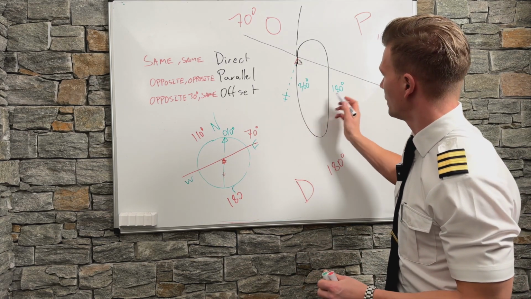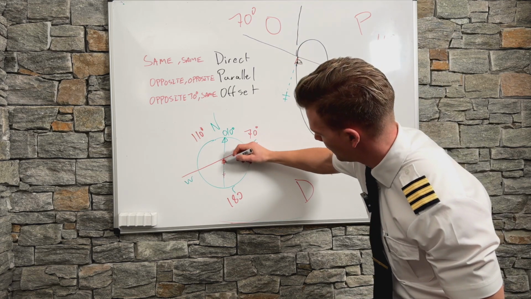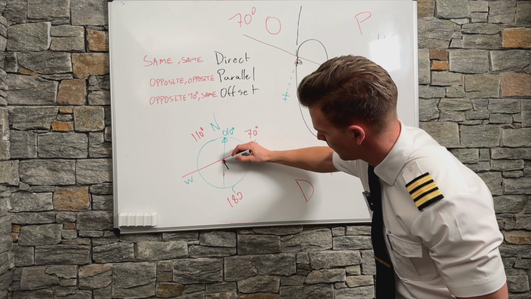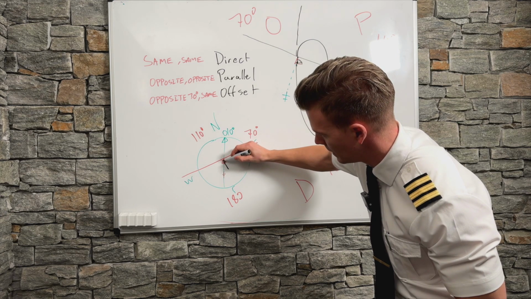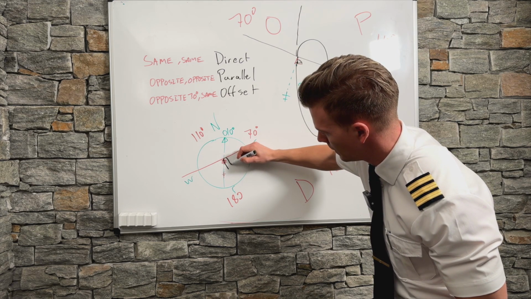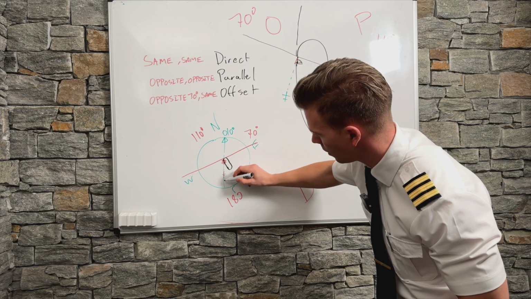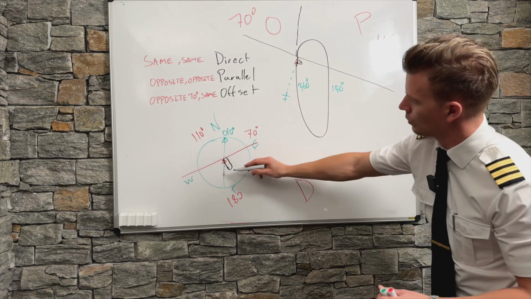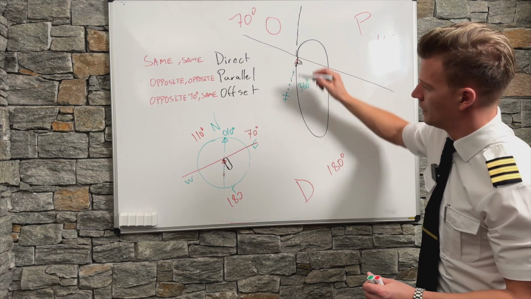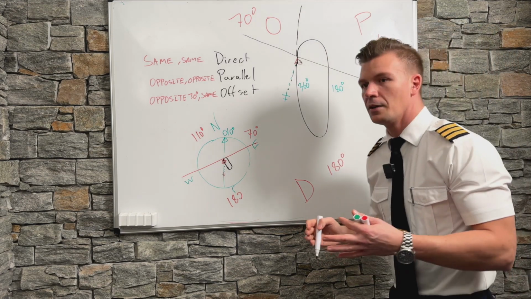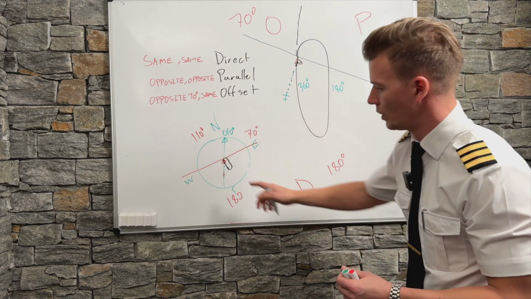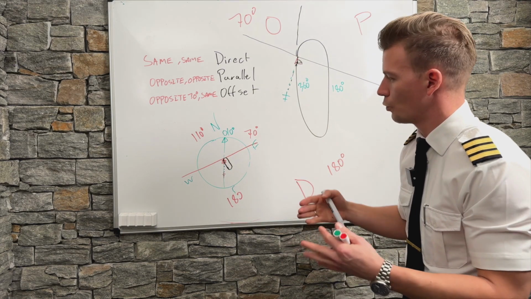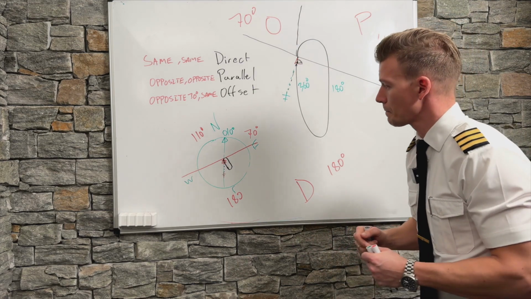So the hold will be on radial 180. It will be something like this is the inbound course. Then after the fix, it's going to be a right turn and another right turn. And we are coming from here towards the fix. See, it looks the same. So it gives a perfect representation of where we are and what the hold is going to look like.